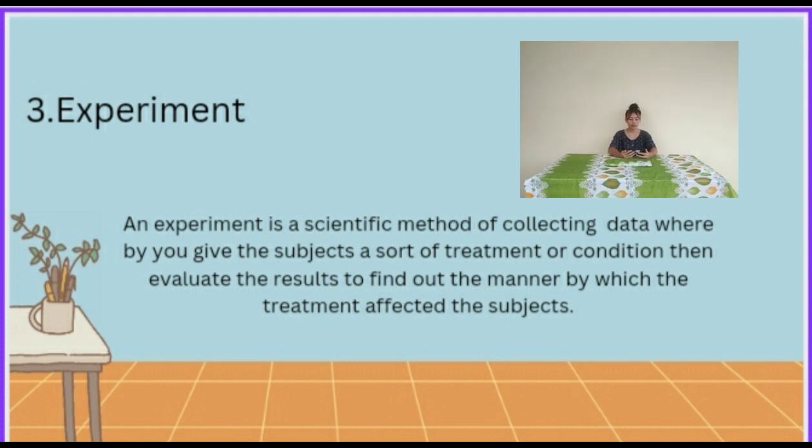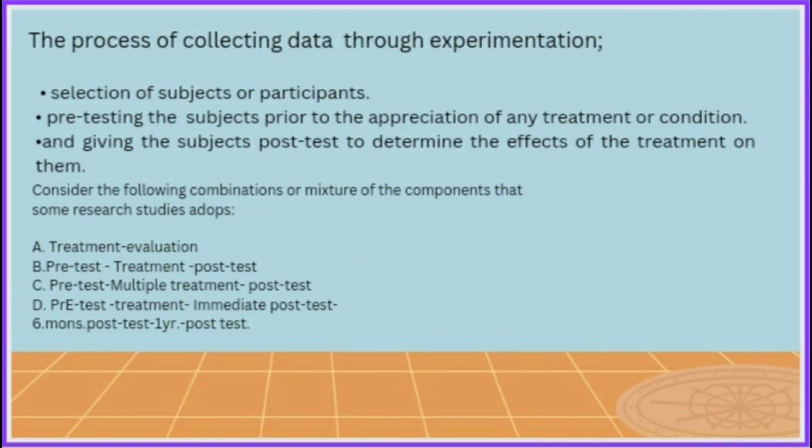This quantitative data gathering technique aims at manipulating or controlling conditions to show which condition or treatment has an effect on the subject and to determine how much the condition or treatment operates or functions to yield a certain outcome.